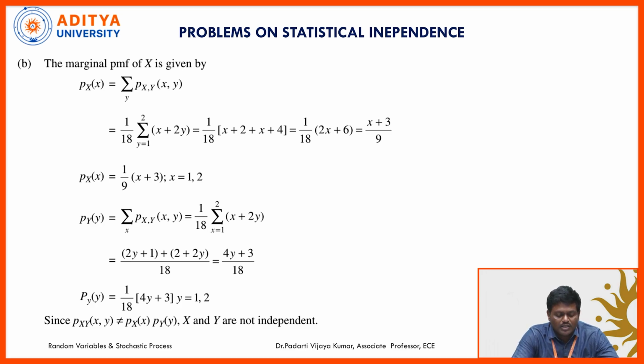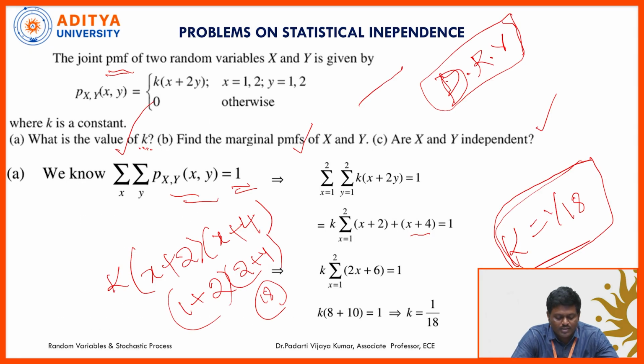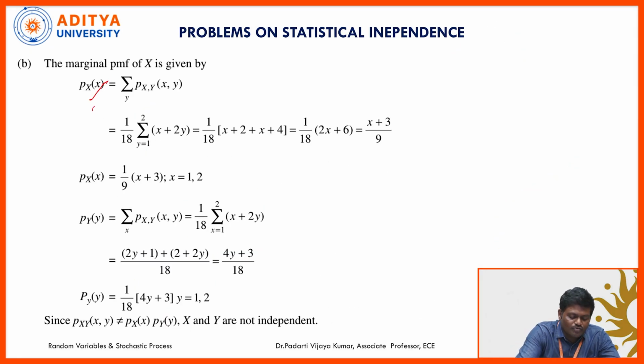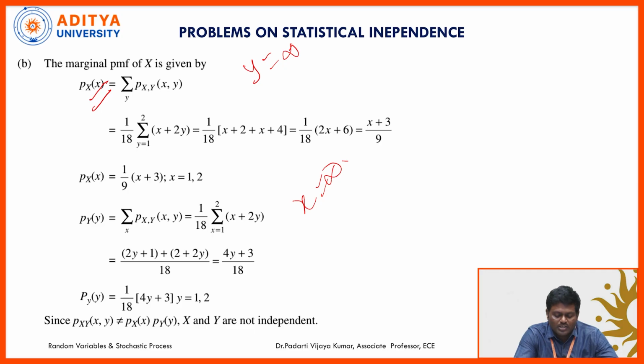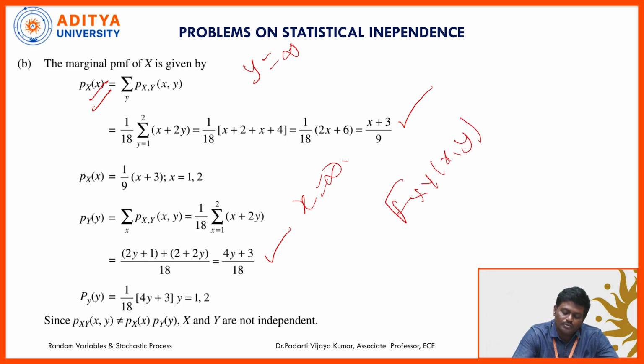In order to compute the marginal probability mass functions, while computing the probability mass function of x, we need to make y as infinity, and while computing the probability mass function with respect to y, x will be made as infinity. So, the functions we will get are x plus 3 by 9 and 4y plus 3 by 18. When you multiply both of them, fxy of xy should be equal to fx of x into fy of y for statistical independence.